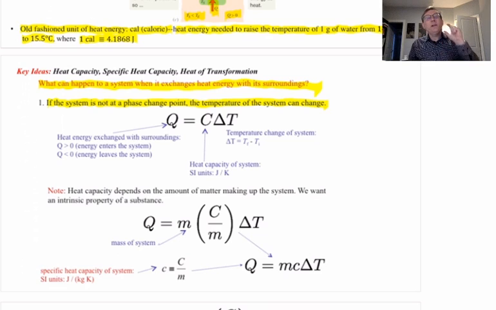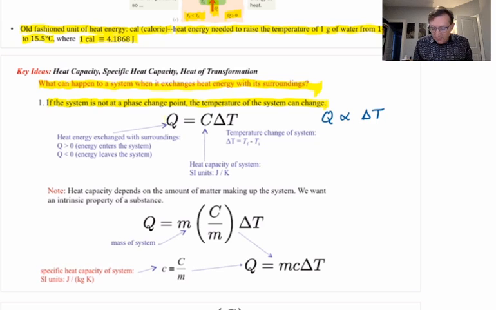In this case, we need an equation to relate the energy transfer as heat Q and the temperature change, delta T. And it turns out experiments show it's very simple. They're directly proportional. The energy exchange as heat, Q, is directly proportional to the temperature change that occurs, delta T. Meaning, double Q, you'll double the temperature change, delta T. And then all you have to do is introduce a proportionality constant to get an equality.